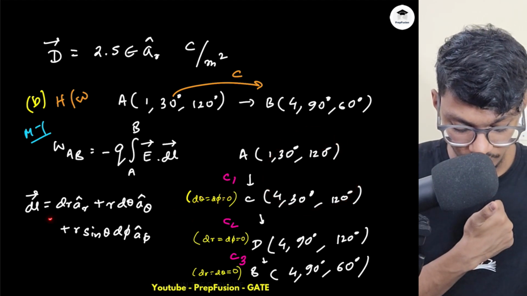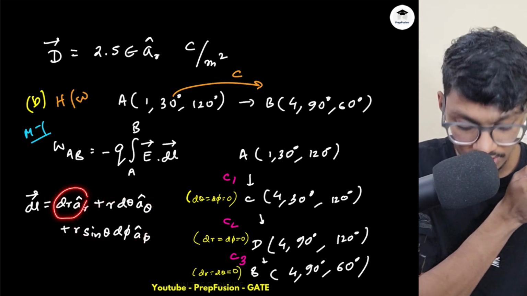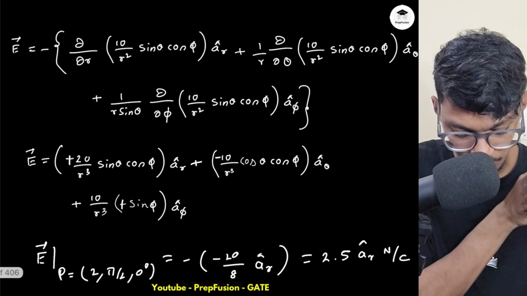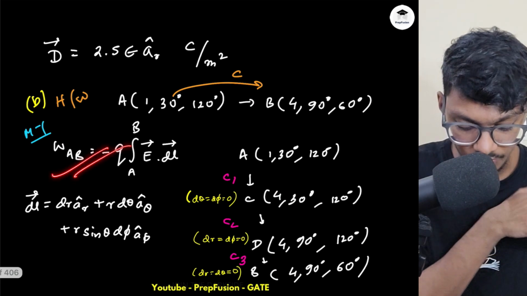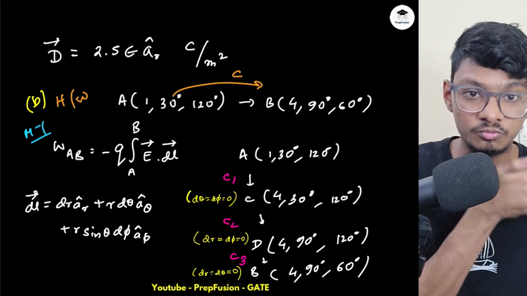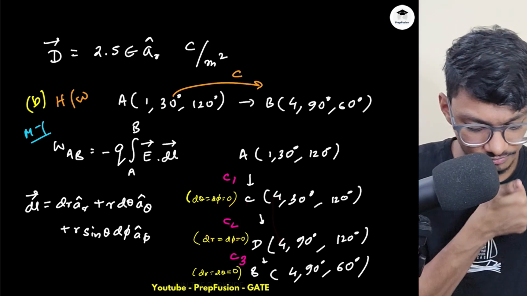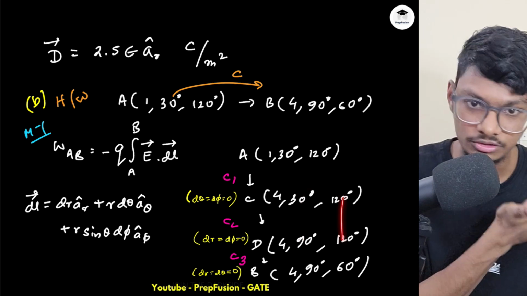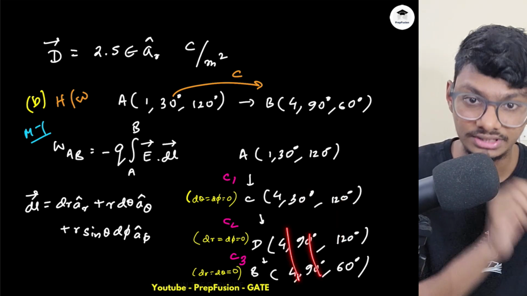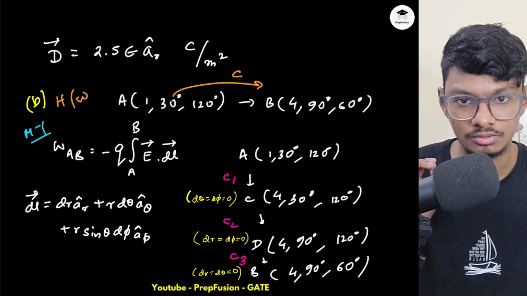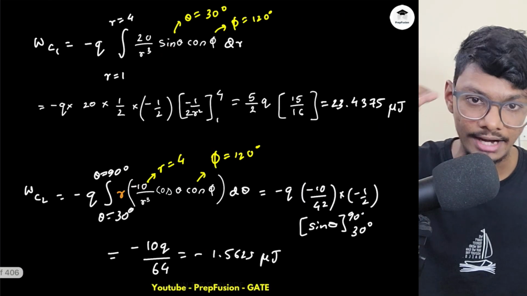It helps immensely because these components go to 0 and I only have to compute the integration of E dot a_R dr. All the other components are 0, so I compute the integration only with respect to this component for path C1. Similarly for path C2, R will remain the same, theta will change and phi will also be the same. For C3, R remains the same, theta remains the same, and phi changes. I will compute the work done due to the individual paths and add those up.